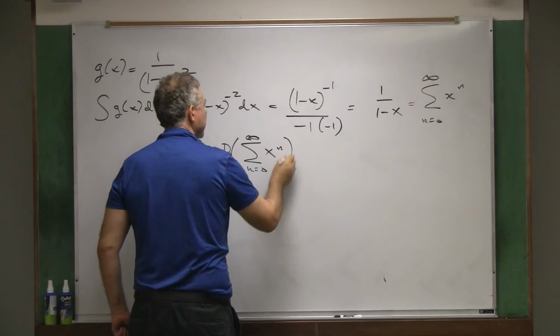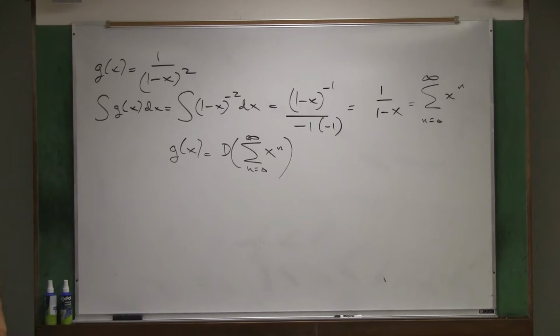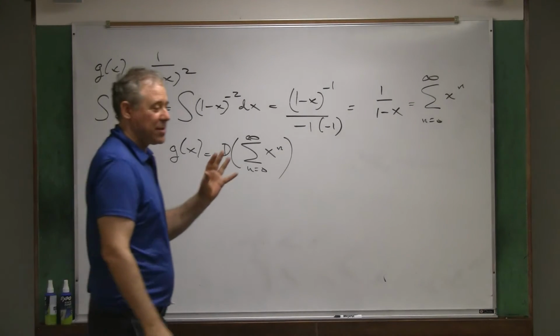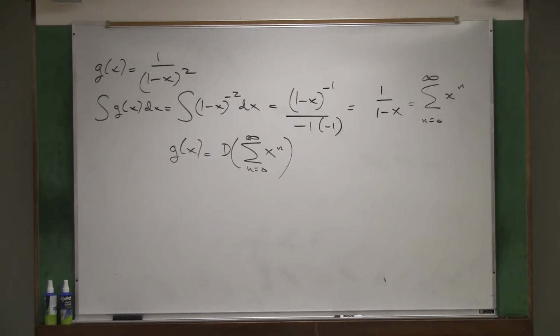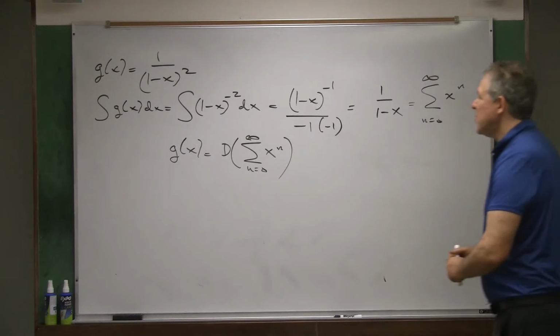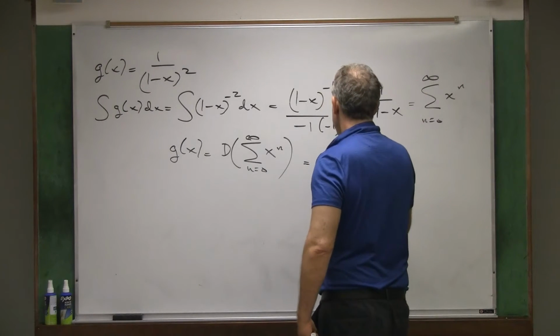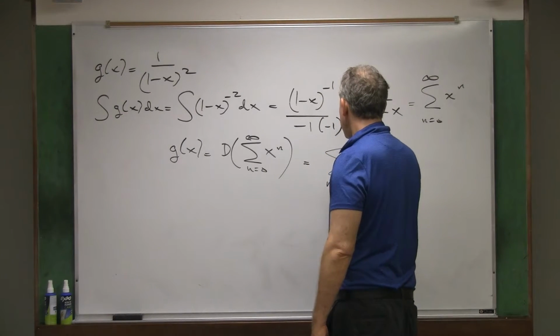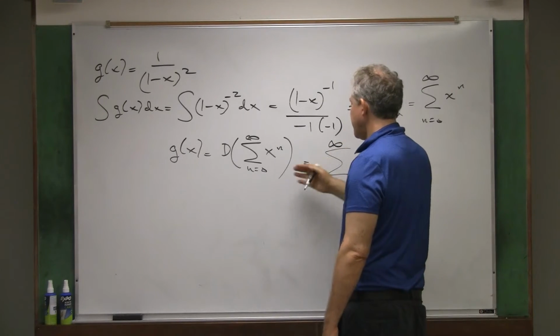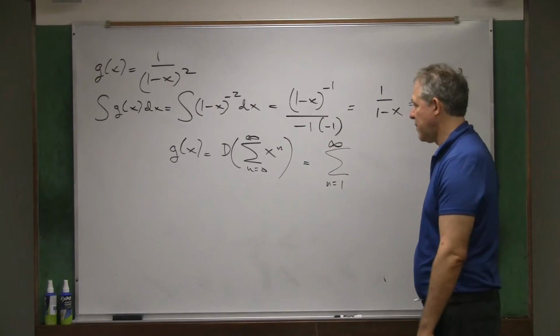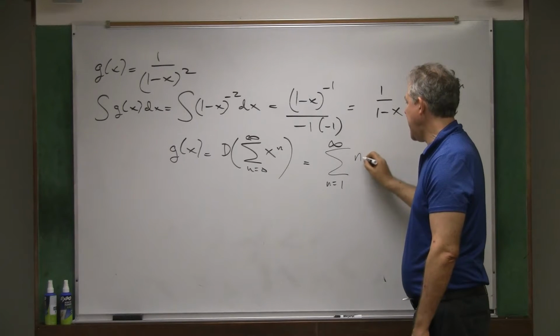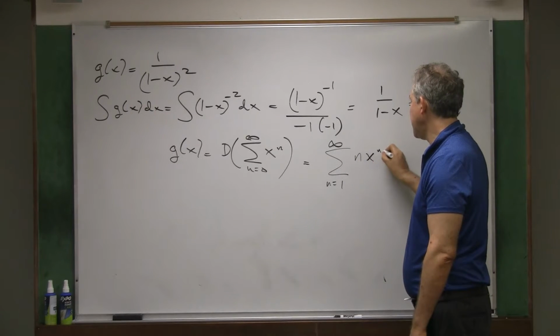Now we had a nice theorem that says if you want to differentiate a series, you can take the series of the derivatives. You can differentiate them term by term. So in other words, this is going to be the series from n equals 1 to infinity, because the first one is a constant, the derivative of a constant is 0, it falls out, and it's going to be n x to the n minus 1.